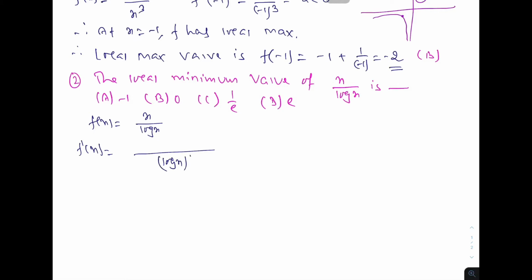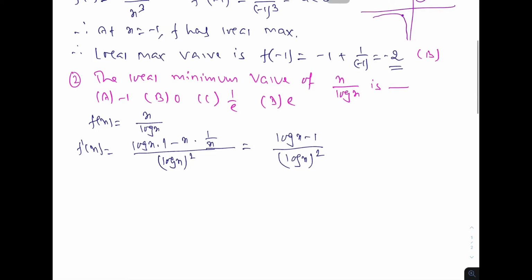So log x square, then log x as it is, derivative of x is 1, minus x as it is, derivative of log x is 1 over x. So we are having log x minus 1 over log x square.